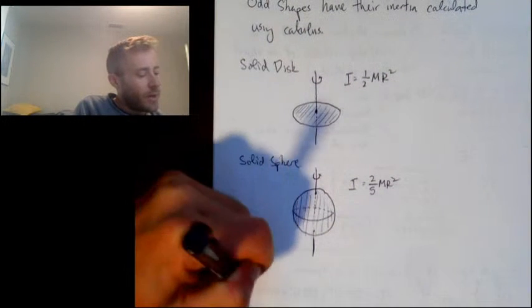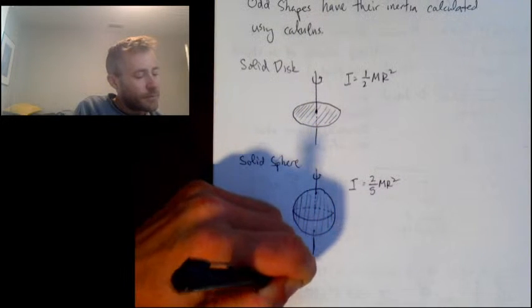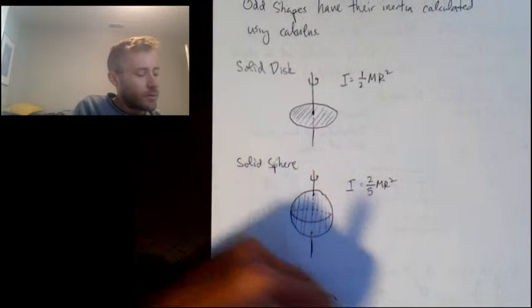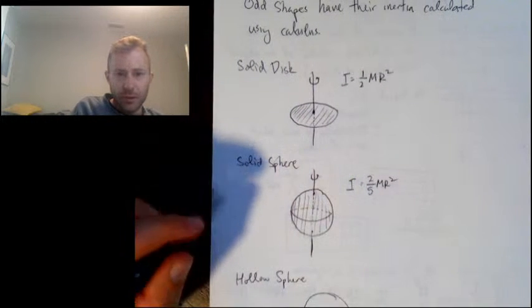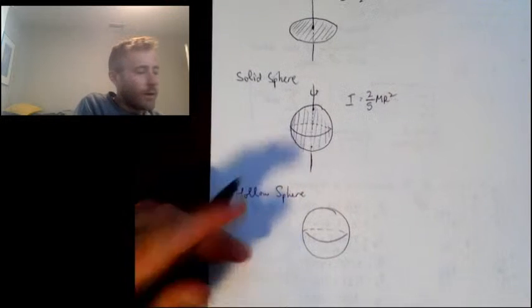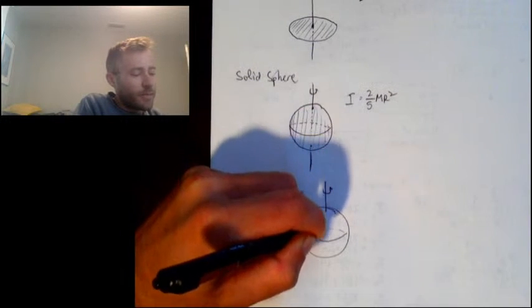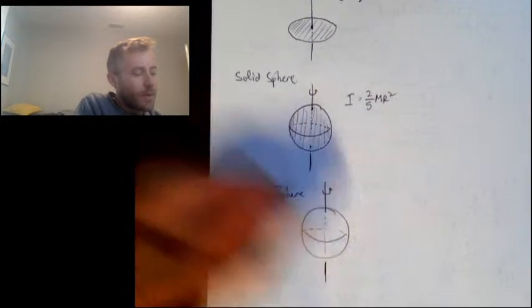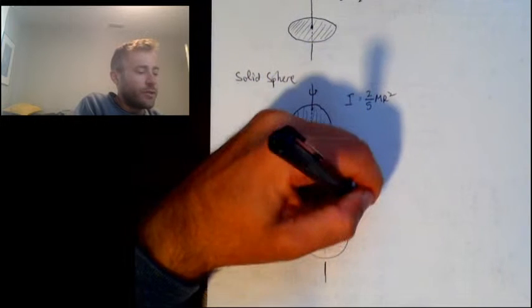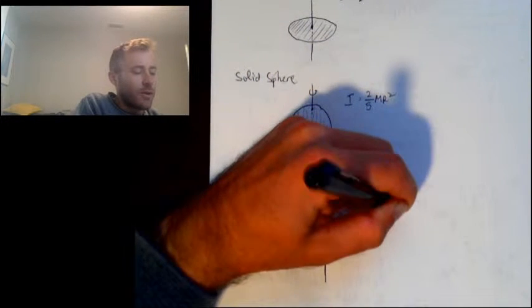If you have a hollow sphere, so it's just a spherical shell, and you rotate it about its center, then the inertia is 2/3 mr squared.